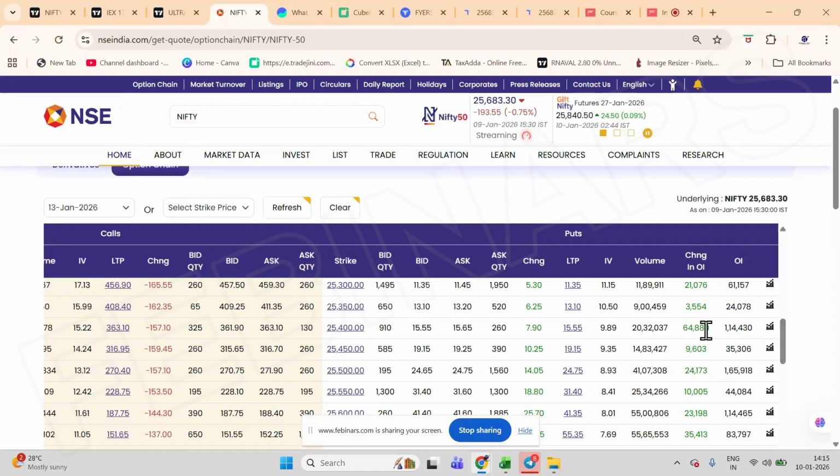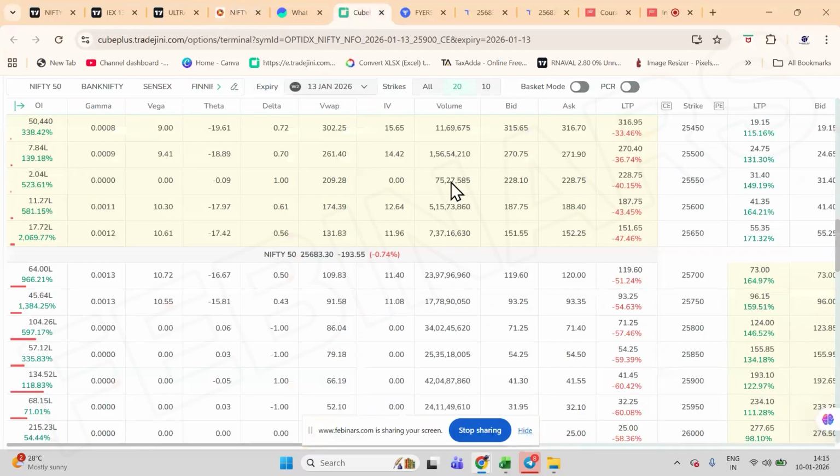At 25,400, some base is increased on the change in open interest, 25,400 and 500, which can act as some support. Well, that is also a short build up clearly.